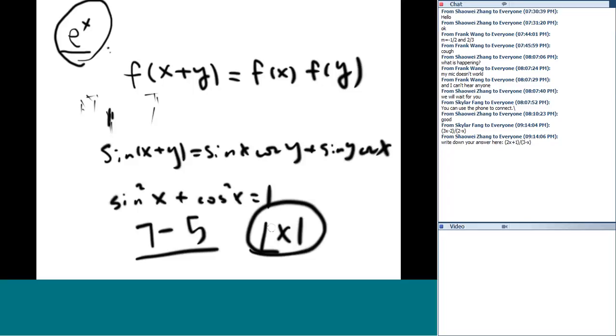What do you guys think? All three. The first one? William is saying the first one. Skylar saying, what are you saying? I say all three. All three. 1, 2, 3.